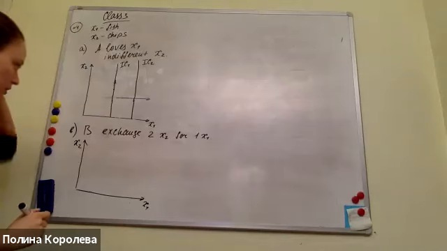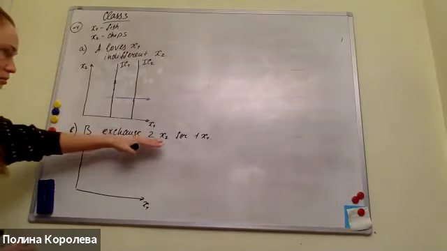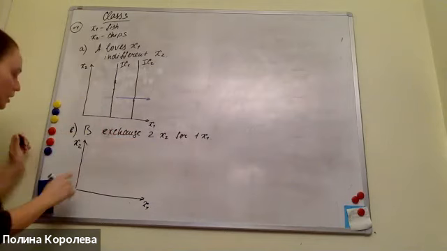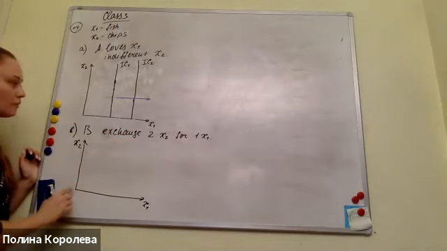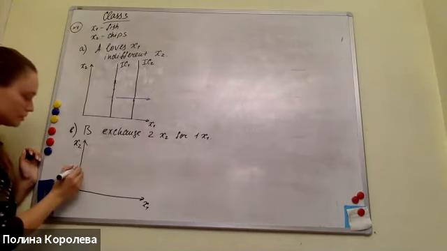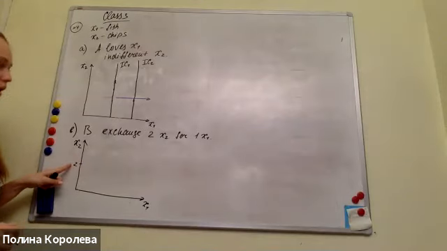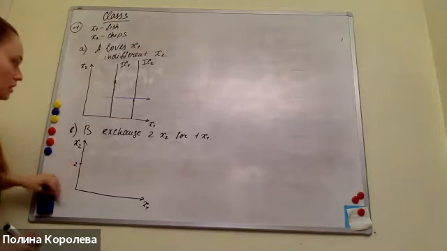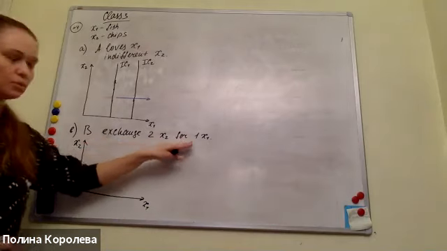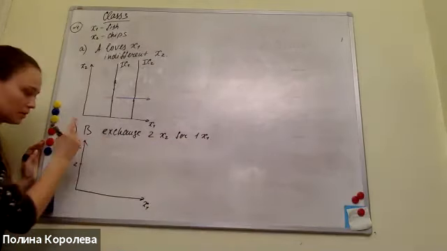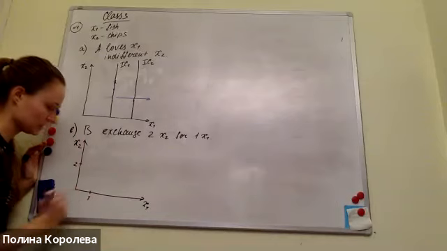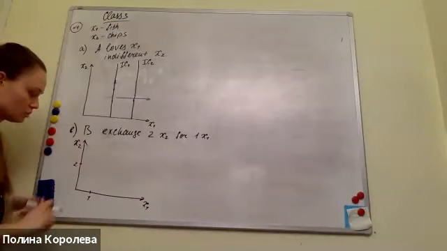And let's draw. x1, x2. So let's start from exchanging 2 chips for 1 fish. If I have only 2 chips, let's put it here, for example, 2. I will be indifferent if I exchange these 2 chips for 1 fish. So if I have only 1 fish, it will give me the same level of utility as 2 chips.